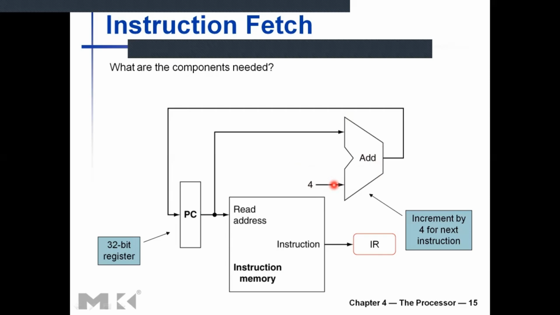If you have a branch type instruction, then the address that will go into the program counter for the next instruction fetch needs to be changed. We need to add a multiplexer here and provide the jump target or the branch target address into the program counter. So that is the instruction fetch mechanism. If you have any questions, you can ask now.